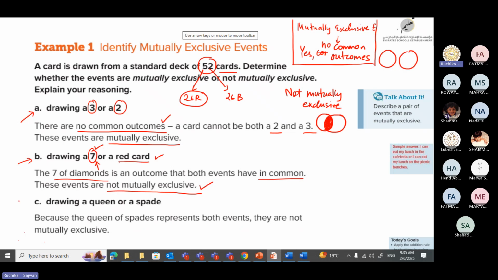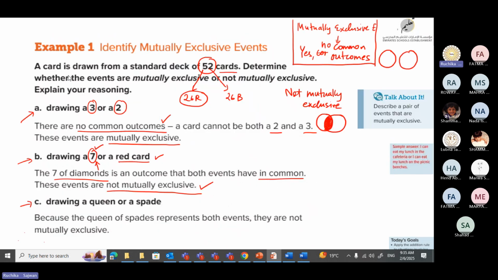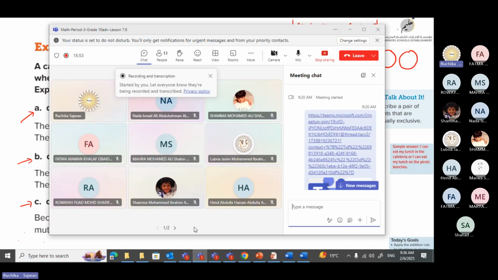So Shama, can you read the last one? Let's finish the slide and then we go to the worksheet. Shama is there in the meeting, right? Shama is not reading, so anybody else would like to read for her?